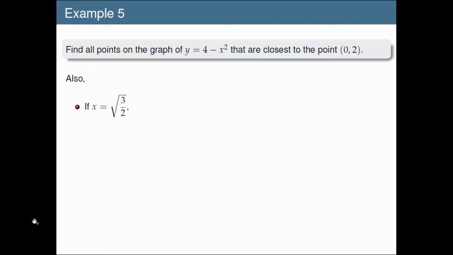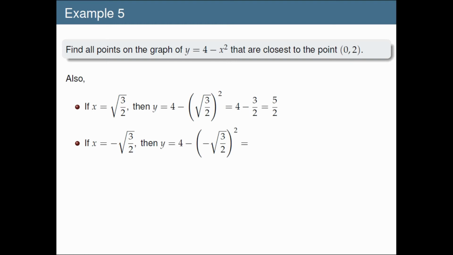If x equals square root of 3 halves, then y equals 4 minus x squared. This is equal to 4 minus 3 halves, or 5 halves. Meanwhile, if x equals negative square root of 3 halves, then ito yung value ng y.